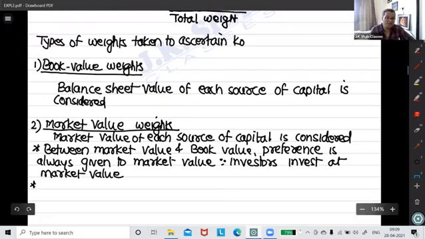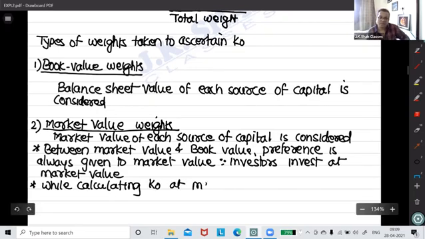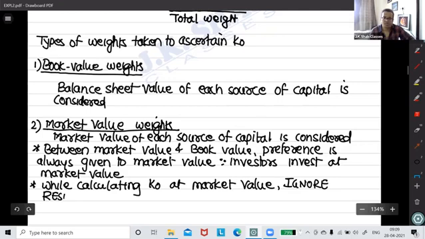One more important point. While calculating Ko at market value, ignore reserves. Read it carefully. While calculating Ko at market value, ignore reserves.